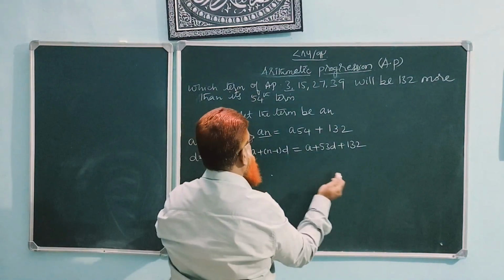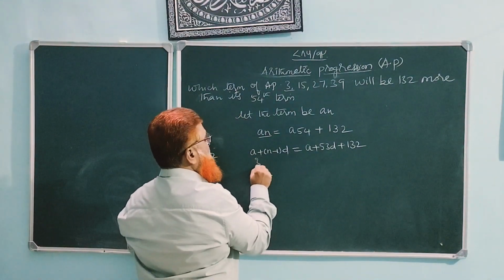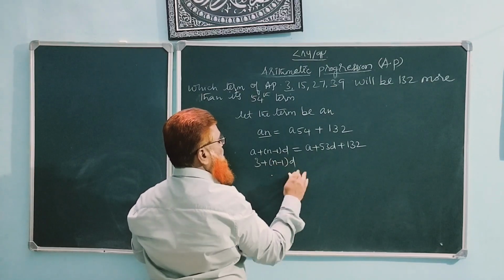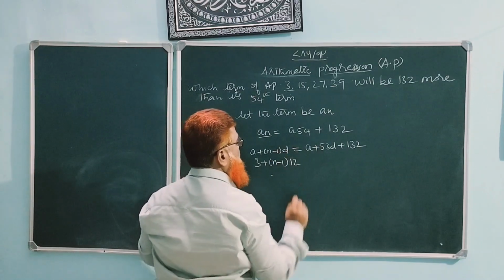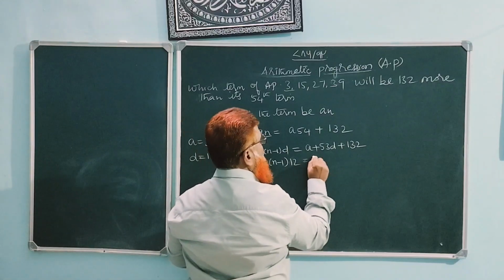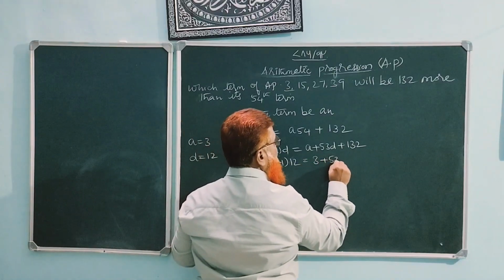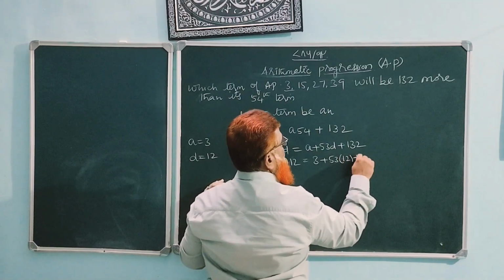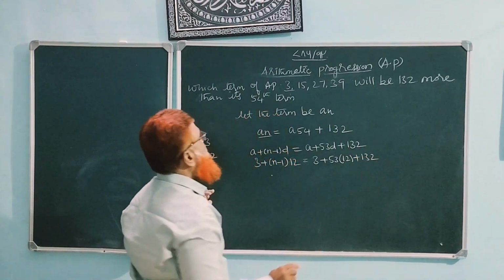Substitute on either side, LHS and RHS: 3 plus n minus 1 into d, which is 12. Similarly 3 plus 53 d, that is 12, plus 132.